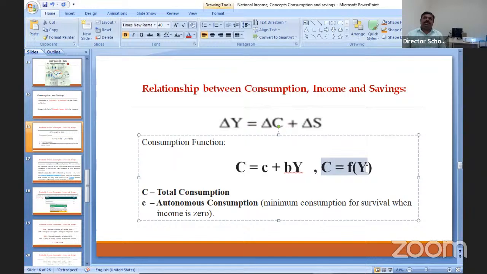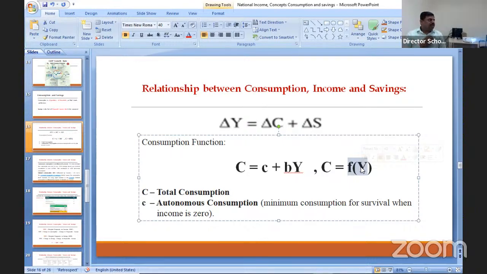That equation states that C stands for consumption and Y stands for income or yield. F stands for function. Function means the dependency, the relationship. The consumption is dependent on the income. That is the basic statement of the consumption function.